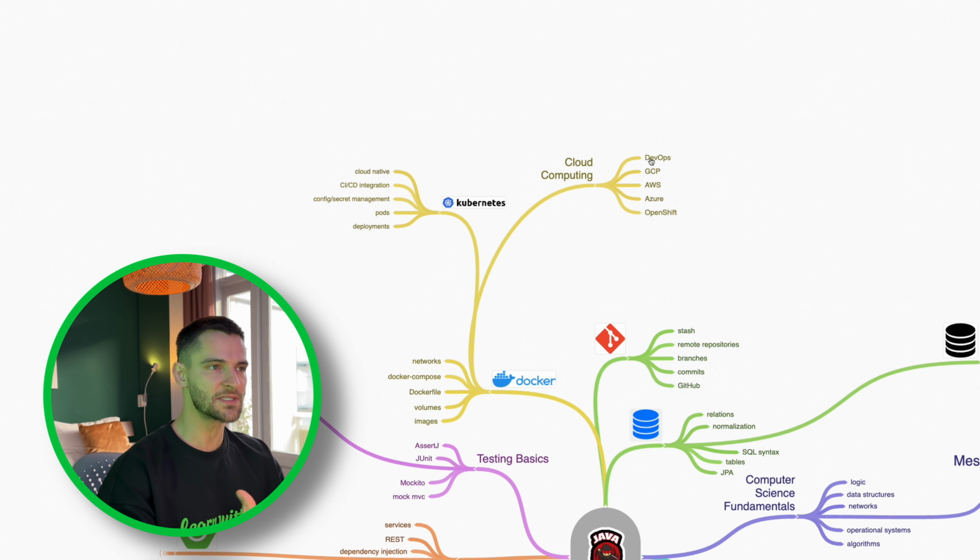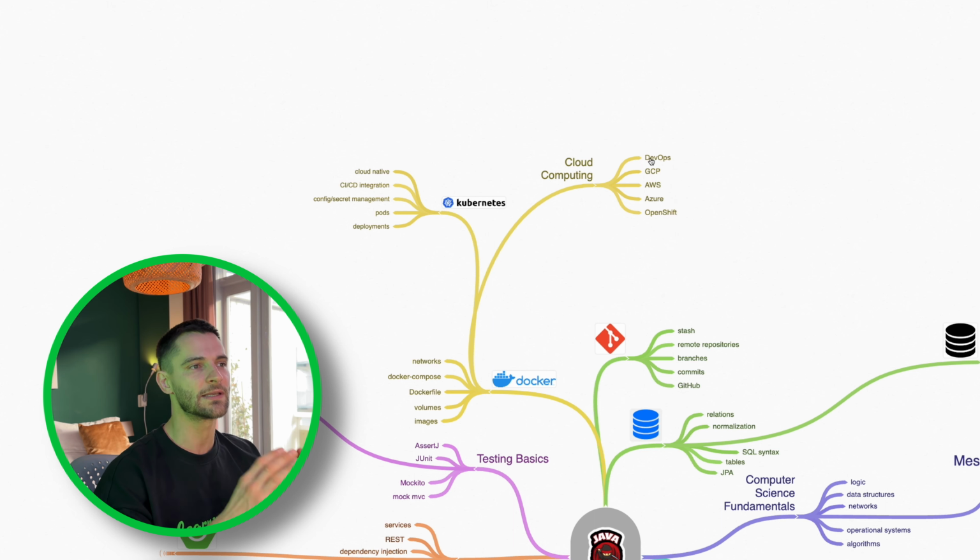Modern development teams work in a DevOps fashion because you want your team to be fully responsible for the application that you're working on. So you need to have someone that understands and can run your application in a Kubernetes cluster in Azure, for example. All right, with that said, let's move forward.